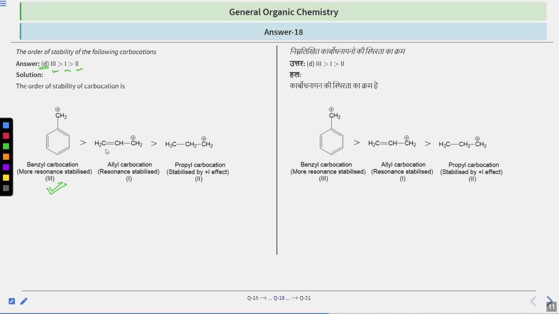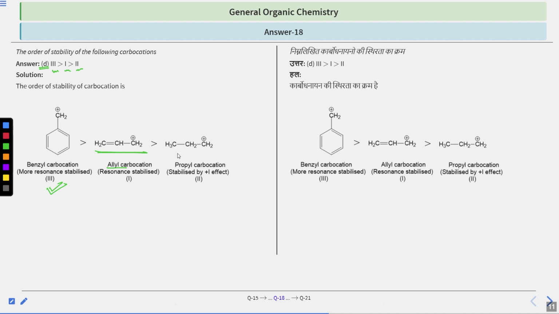Then at the second place, the allyl carbocation will be there. A double bond is present, that's why we are calling it allyl carbocation. Here also, due to the resonance effect, it is stabilized, but the allyl carbocation has less stable resonance than the benzene ring. That's why it is in second position.